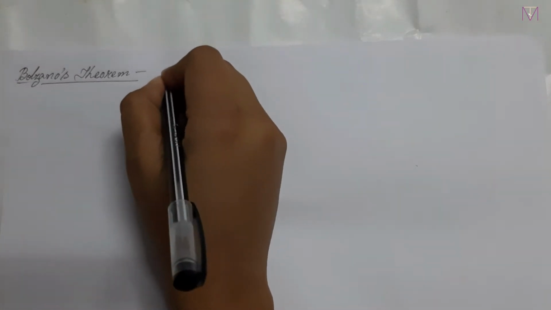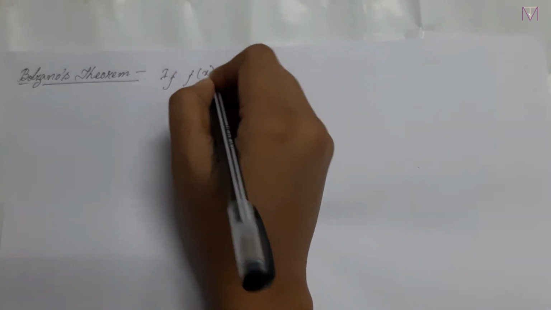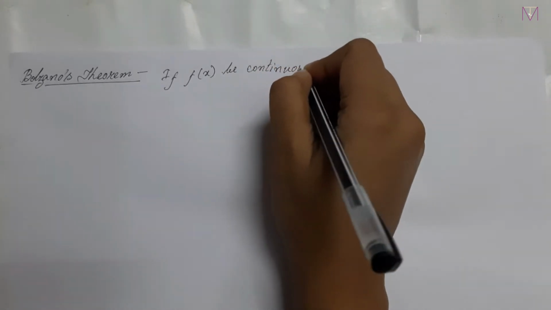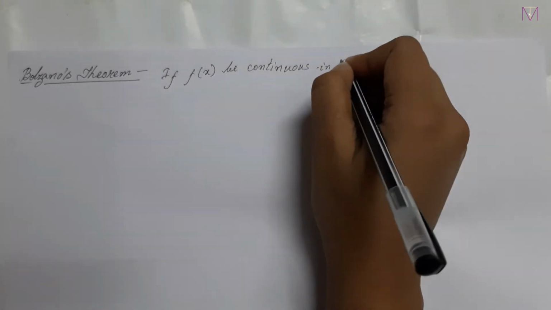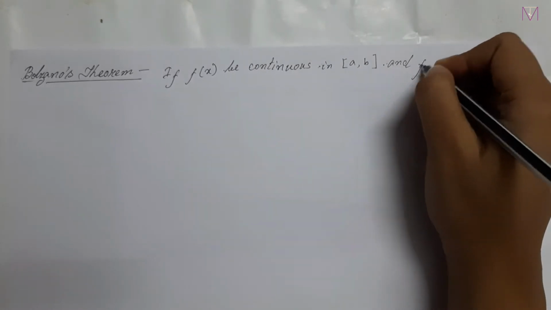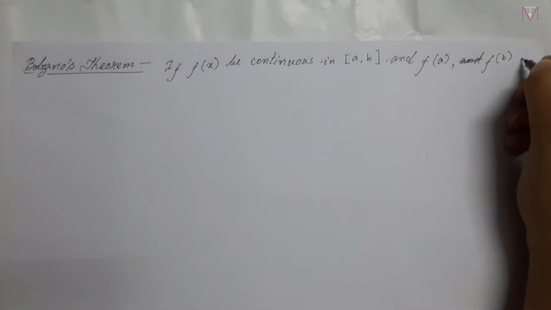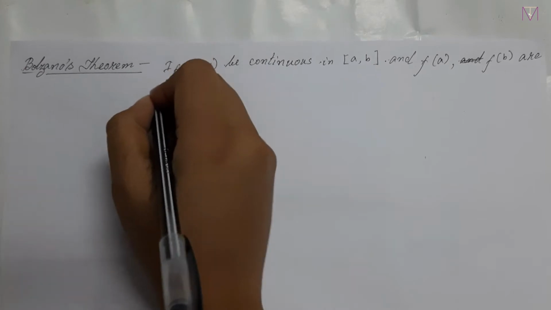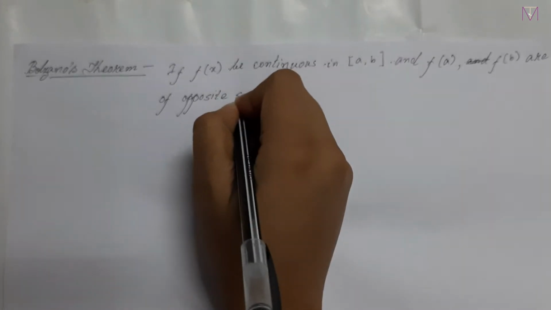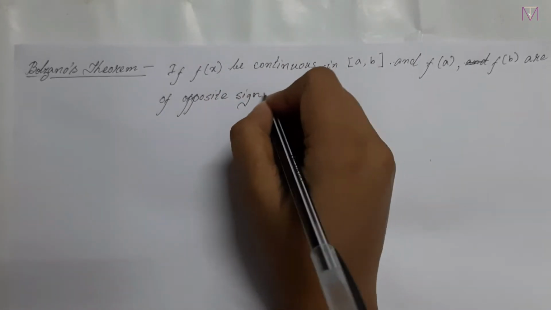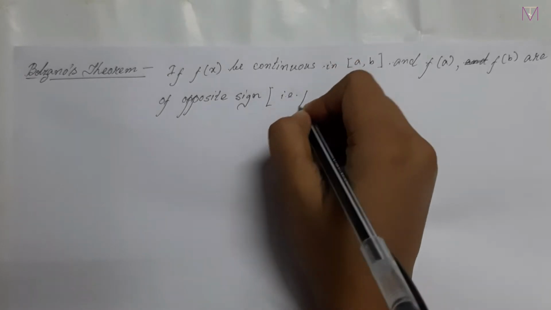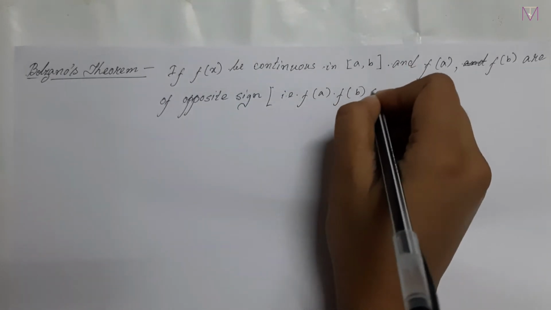That is, if f(x) is continuous in [a, b], this is an interval, and f(a), f(b) are of opposite sign, that is f(a) f(b) less than 0.